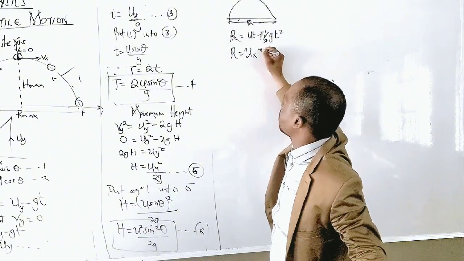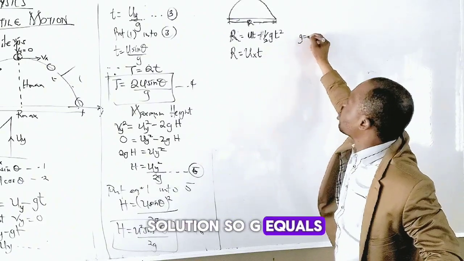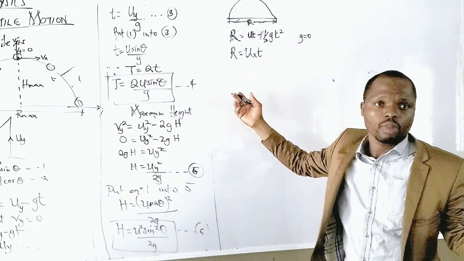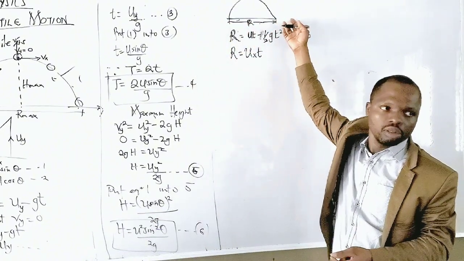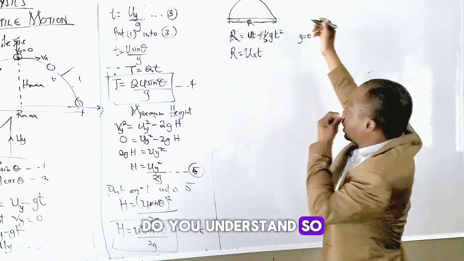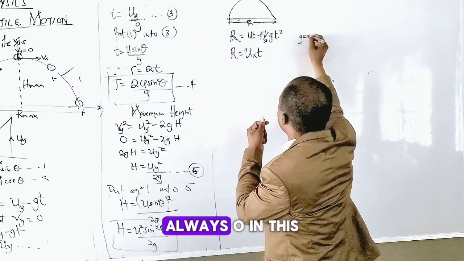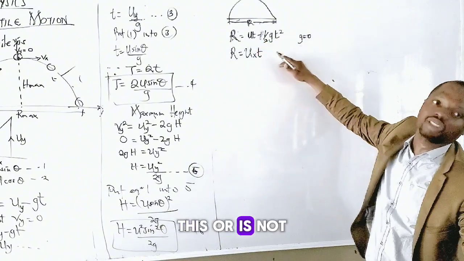Ux times t. There is no acceleration, so g equals 0, because we are dealing with horizontal motion. Acceleration is not affecting it. Do we understand? g is always 0 in this case.